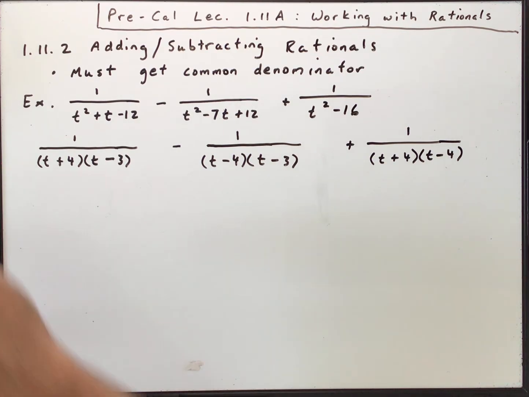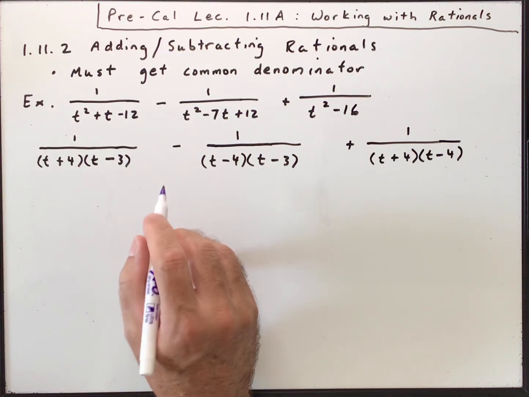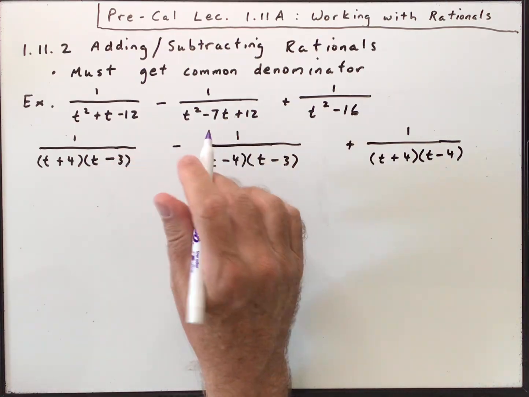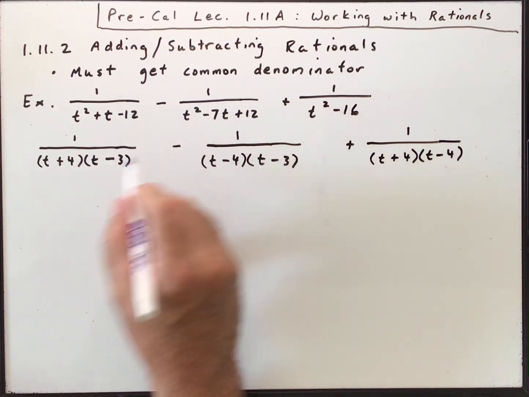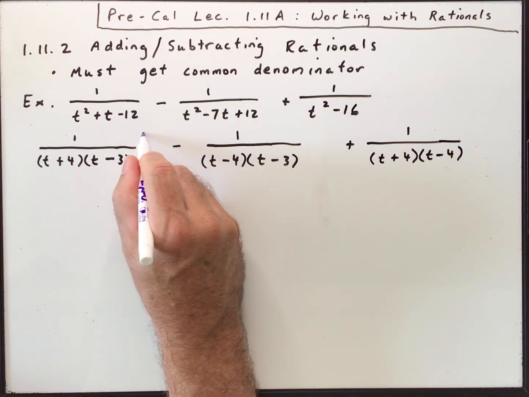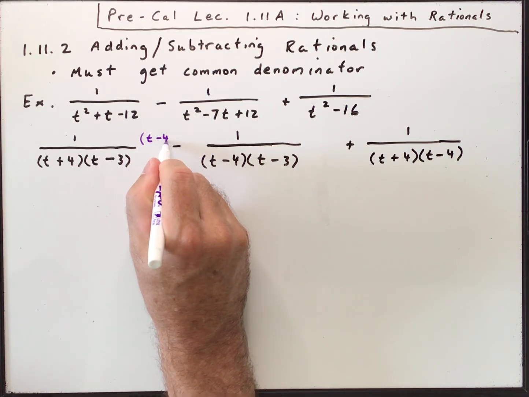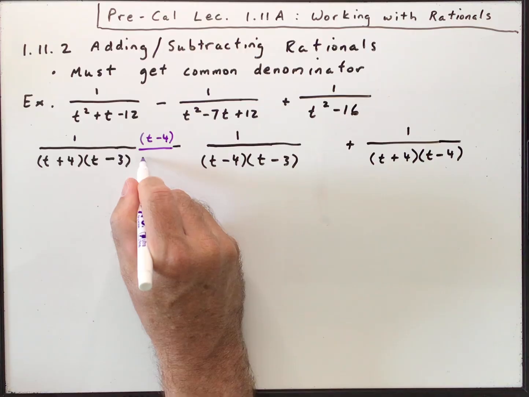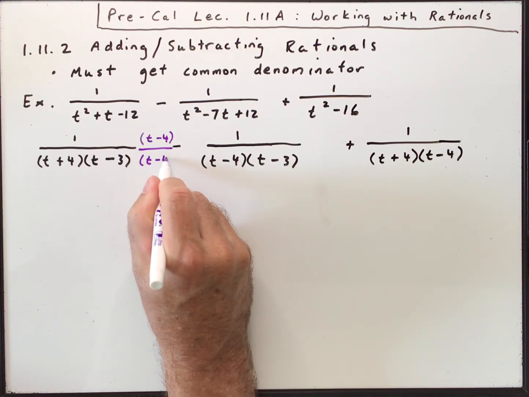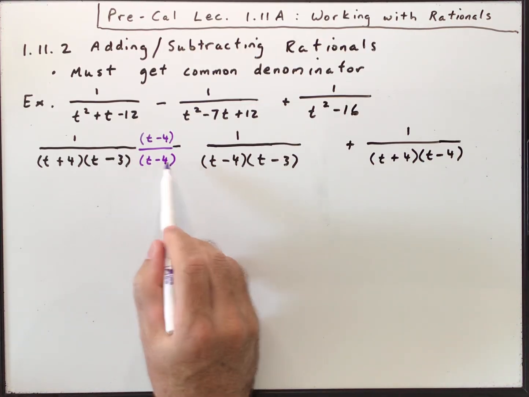Each one of these fractions is missing one of those terms. So we just want to put the missing term in. Okay, we're going to make math do our bidding. So this one is missing a t minus 4. So we're just going to put it in.